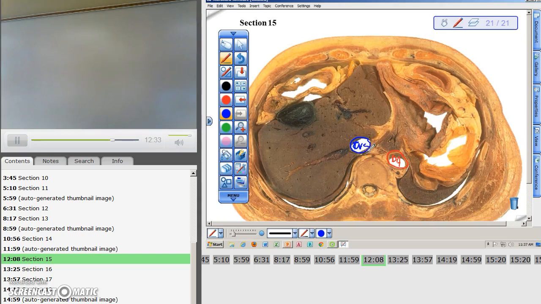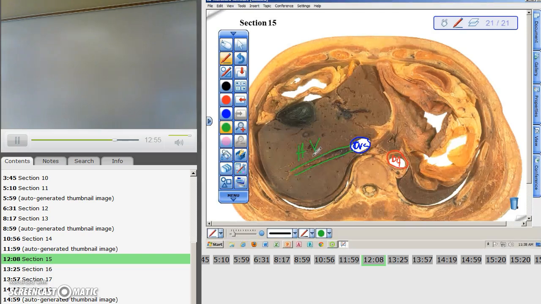Inferior vena cava. We've got a hepatic portal vein and a hepatic vein. Now, the hepatic vein drains into the inferior vena cava. So here it is, draining into that inferior vena cava. That's the hepatic vein.